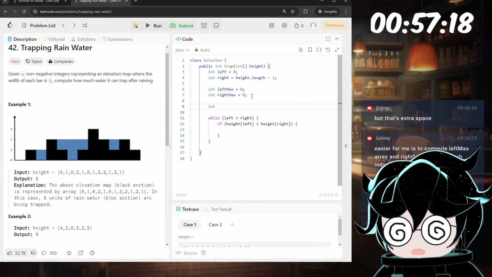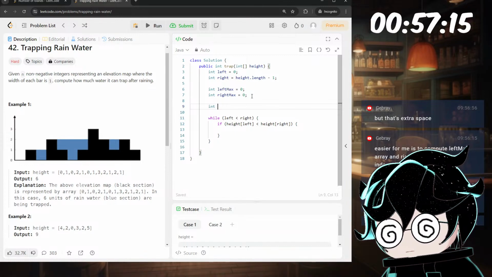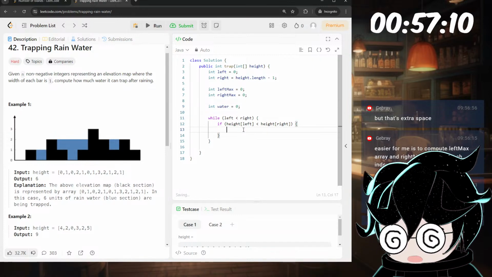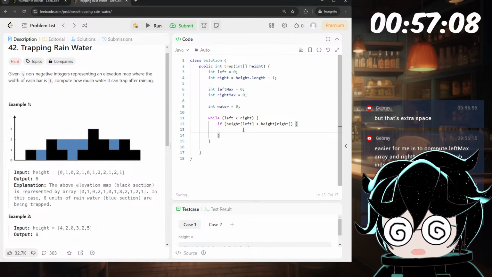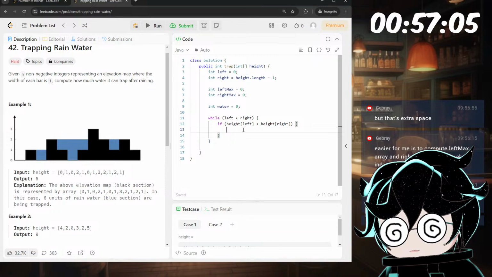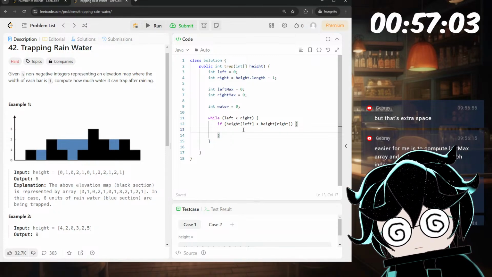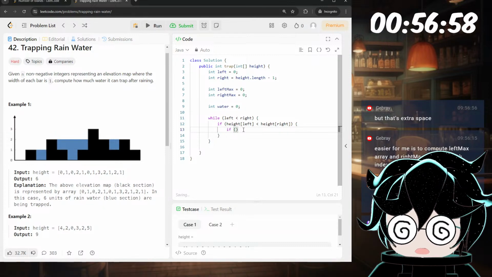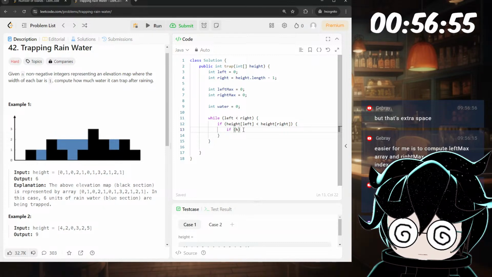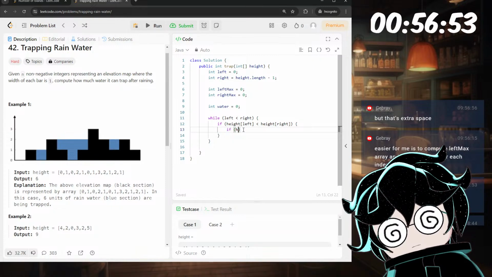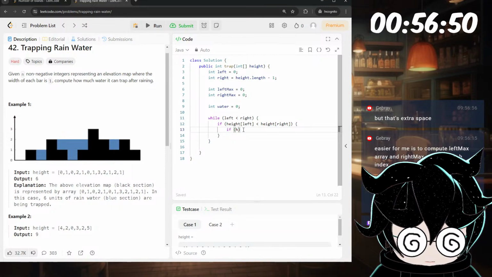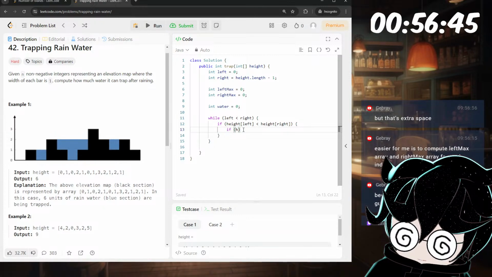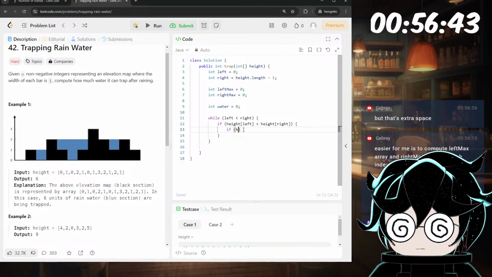Also we need int water equal to 0. So we'll only calculate this if the current height is greater than our left boundary level. And if our current... wait, I'm kind of blanking out.